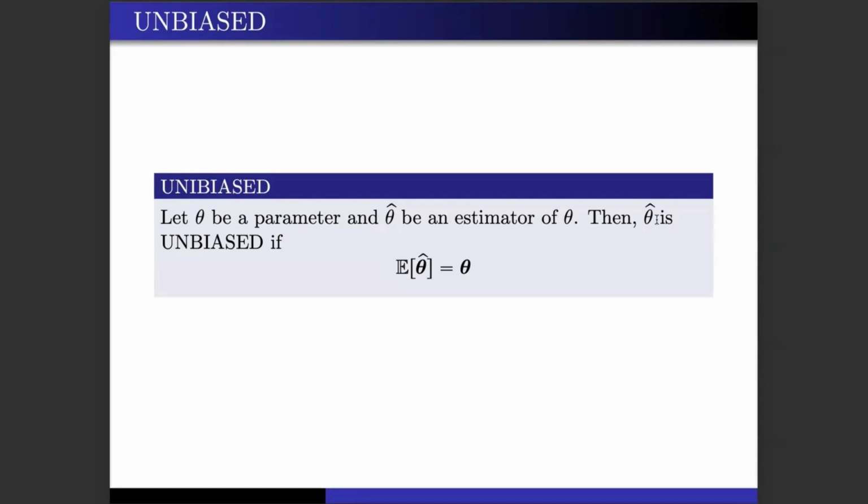Then theta hat is unbiased if on average theta hat is equals to theta. That is, expectation of theta hat is equals to theta. Now we will prove that both the estimates we have obtained using OLS method, which is beta naught hat and beta 1 hat, are unbiased.